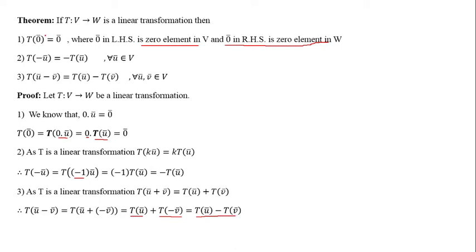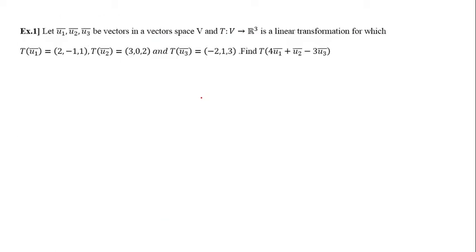So remember that T operating on 0 bar is always 0 bar. T operating on minus u bar, you can take the minus sign outside, T of u bar, and T operating on u bar minus v bar is the same as T operating on u bar minus T operating on v bar. So these are also important properties of linear transformation.